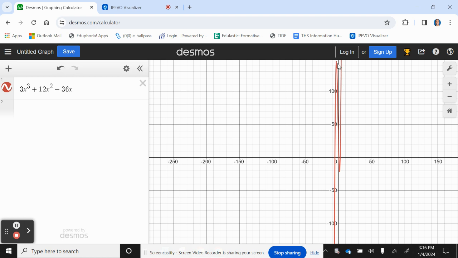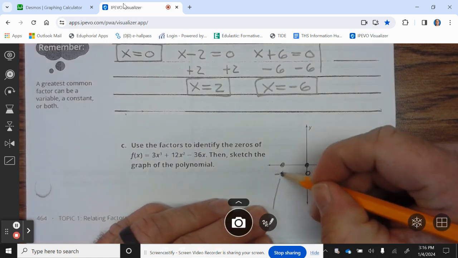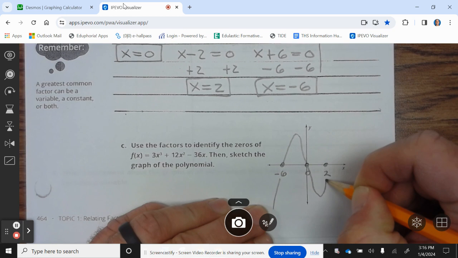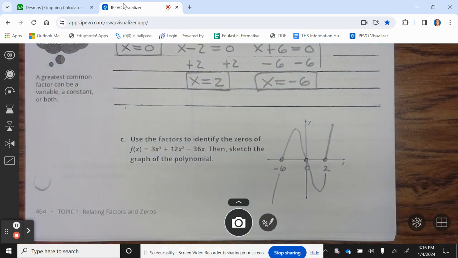And then we have the curve right there. So our sketch of a graph looks like this. All right, go ahead and finish that up.